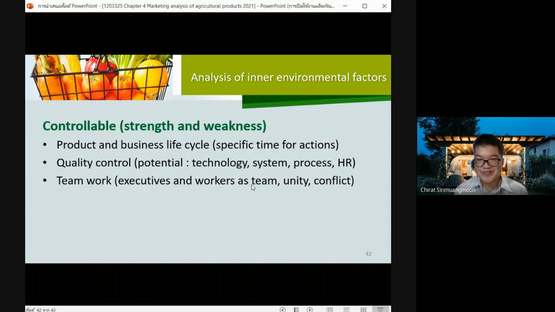I would say this is the strength in some company, because they can apply the new technology immediately, and then they can produce the product fast with good system to communicate or to distribute the product. They have a good process to produce the food, to produce the fruit and vegetable.